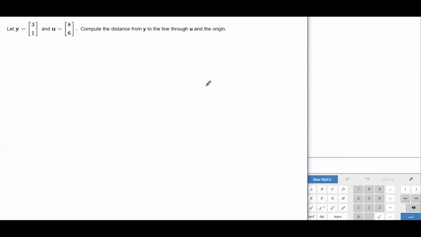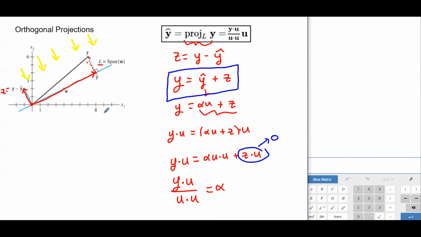All right, this one is similar, but it says compute the distance from y to the line going through u and the origin. Let's go back to our picture. We want to know the distance from y to the line, so the endpoint to the line here.